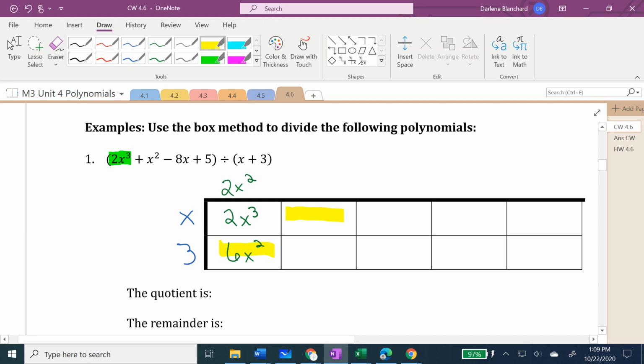The two boxes that I just highlighted have to add up to make positive x squared. So you need to figure out, what do I need to, quote, add to 6x squared to get a result of x squared? So I'm going to write that down. 6x squared plus what is x squared? And your answer?